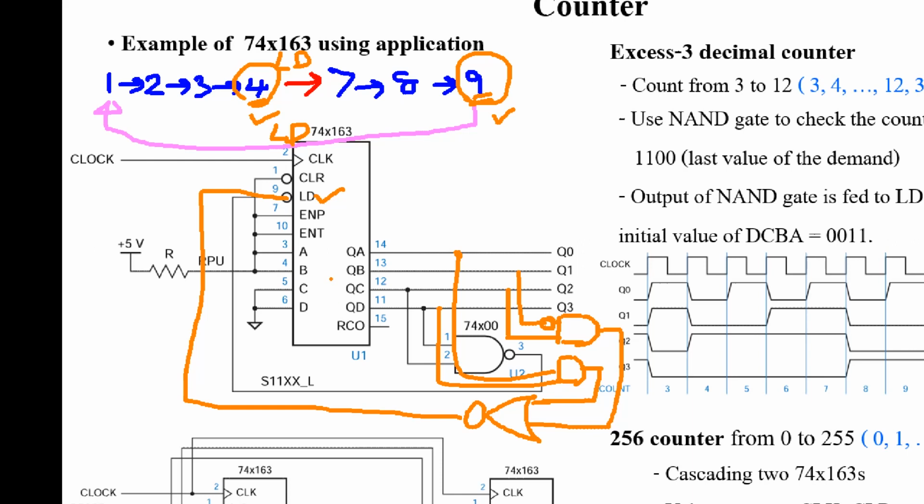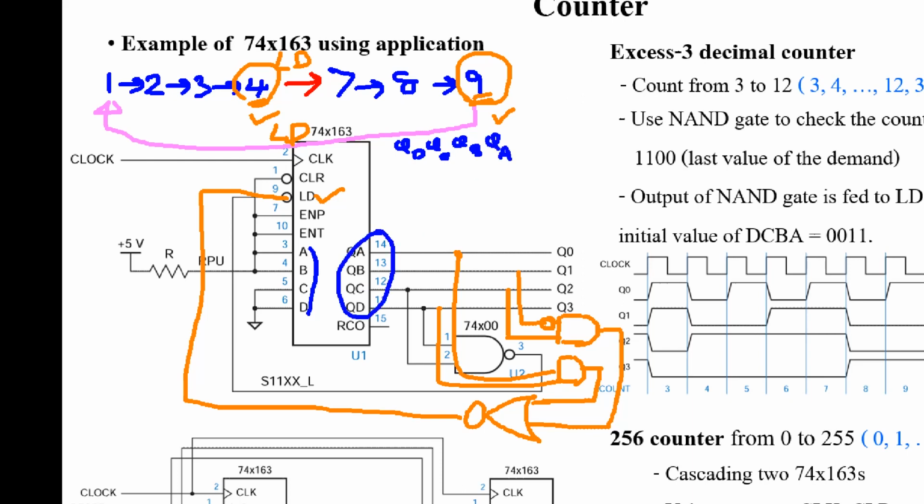Now the problem is the value of DCBA. It's not constant. For the state of 4, QD, QC, QB, QA, right?